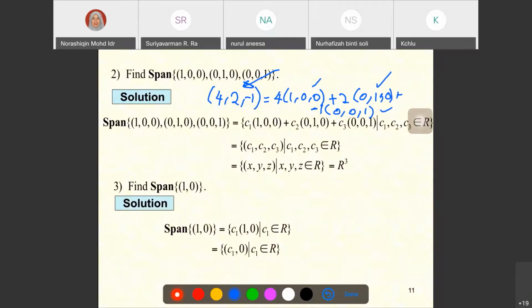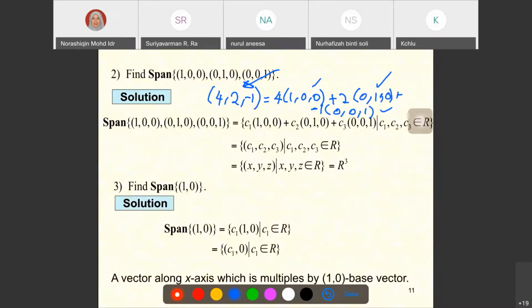So we have (C1, 0), and the spanning set of (1, 0) is in the form (C1, 0), with C1 in R. So that means it is (x, 0), all the x coordinates multiplied by (1, 0).